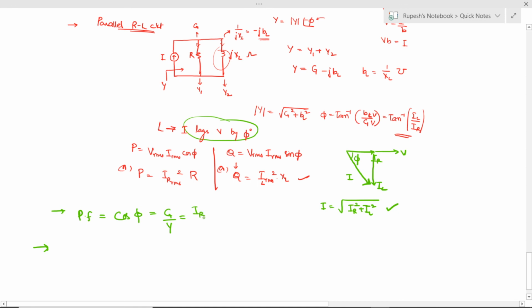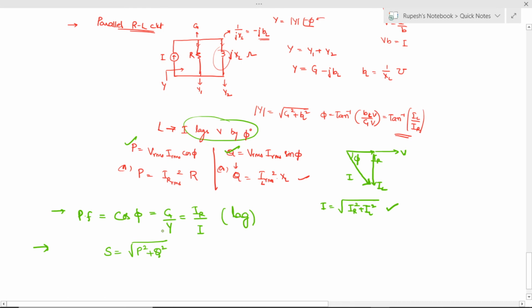It's also given as IR by I, that is, the current through the resistance divided by the total current. As the current lags, the power factor also lags. The apparent power is given by the root of P square plus Q square. We have already seen what P and Q are.